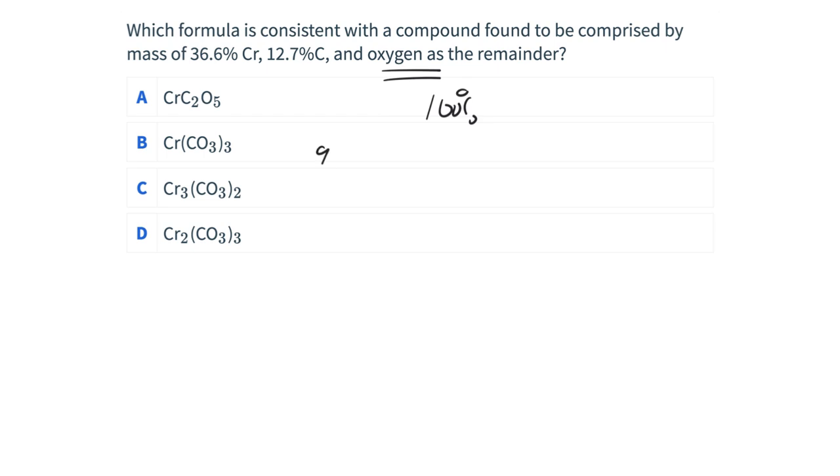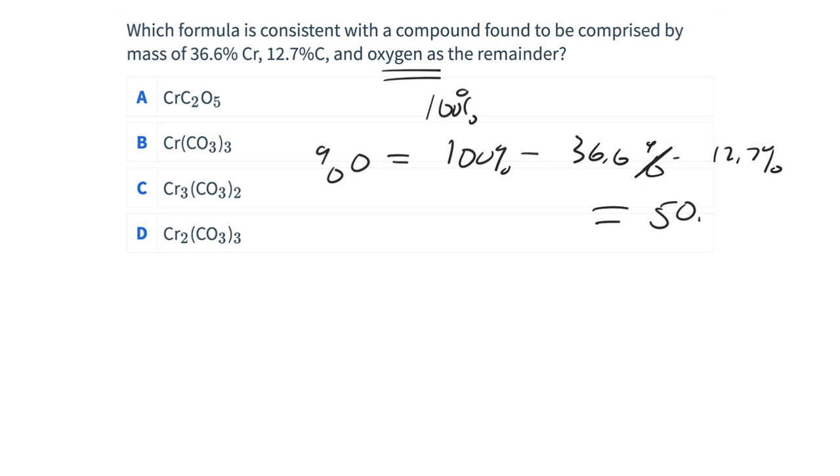So oxygen's percentage would just be 100% minus 36.6% minus 12.7%. So that remainder is 50.7%, the percent that's oxygen.